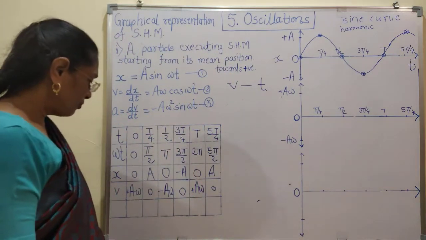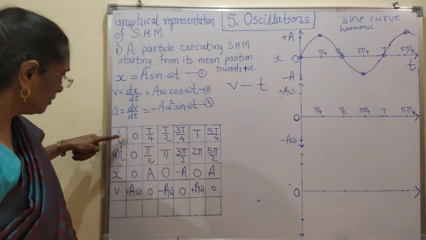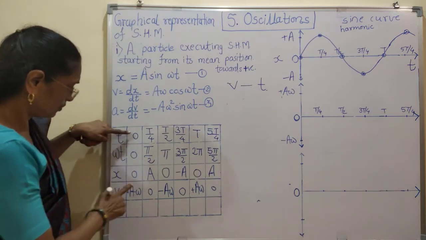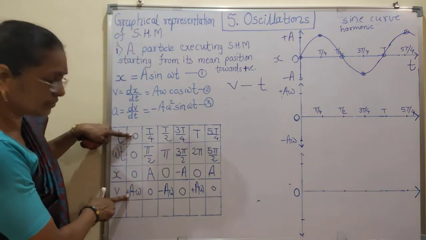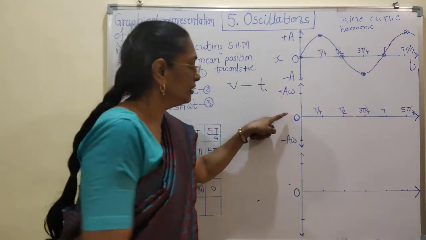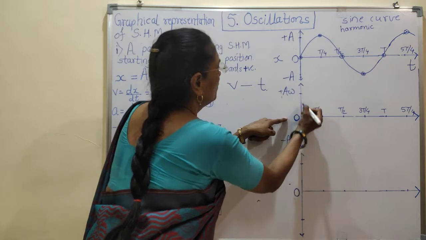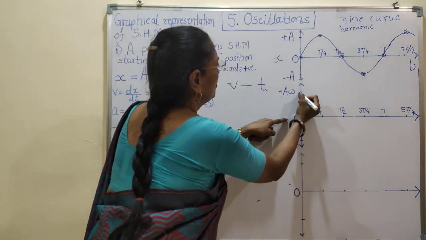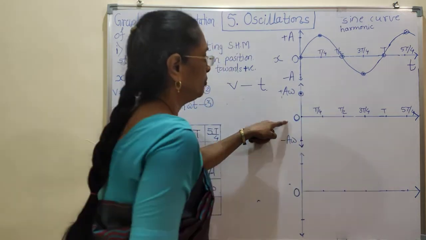Now plotting can be done like this. T is equal to 0 and v is equal to a omega. We get it on the graph. T is equal to 0. Here v is equal to a omega.